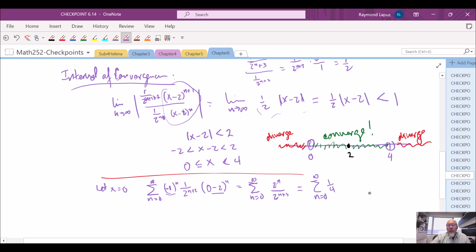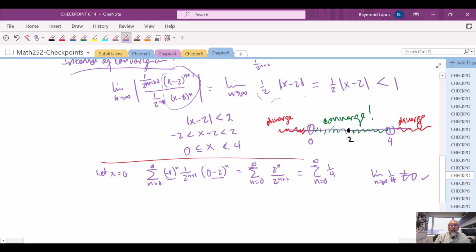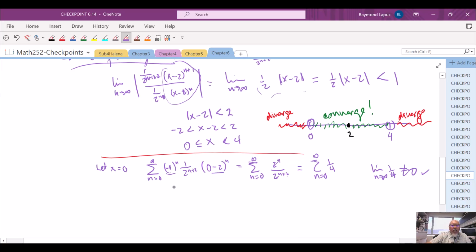You can use the divergence test: the limit as n goes to infinity of 1/4 does not equal 0, so it's going to diverge. And I suppose that's the same thing that's going to happen with the alternating series. If this was 4 here, then it'd just be 2 to the n, and this would be alternating. So by the way, this is 0, we didn't get it to converge, so this will remain open.